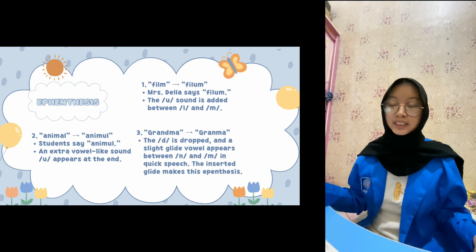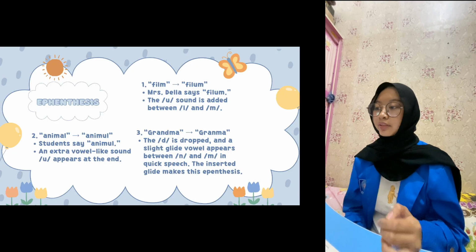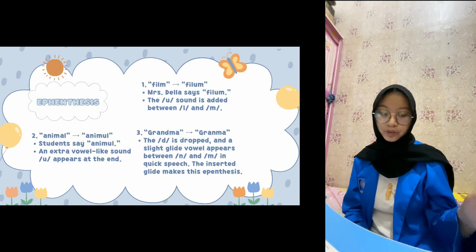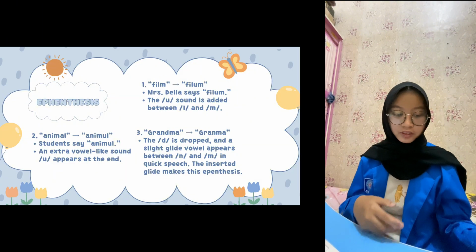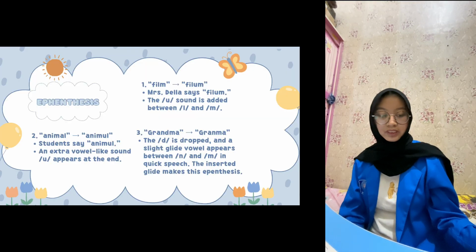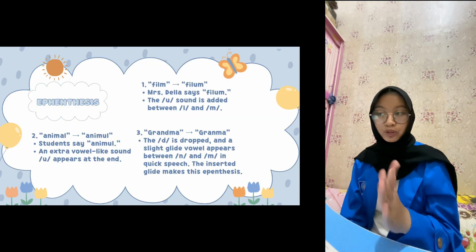Last is epenthesis. So the epenthesis here shows 3 examples, which is film as filum. Oh, sorry, I forgot to explain what epenthesis is. Epenthesis happens when an extra sound is added to a word.